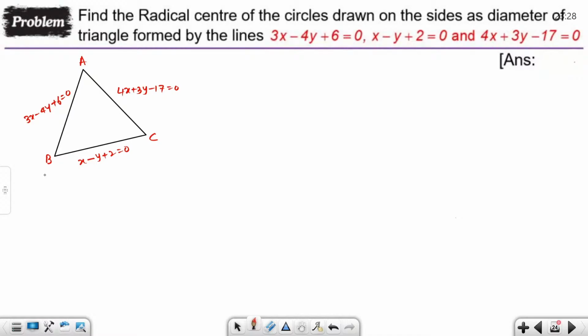Okay. So what I'm trying to do, let me just solve the first and the second equation to get point B. Let me solve it a little fast. 3x minus 4y plus 6 equals 0 and x minus y plus 2 equals 0.